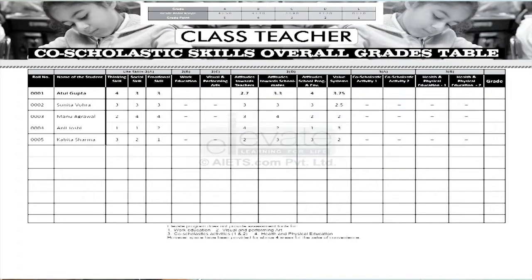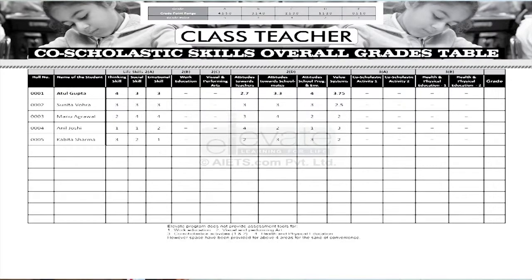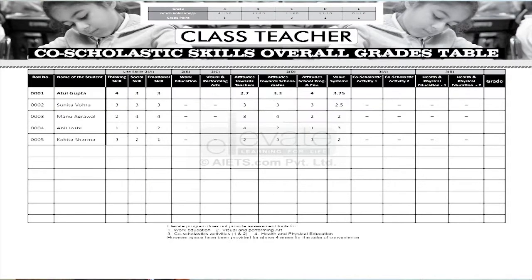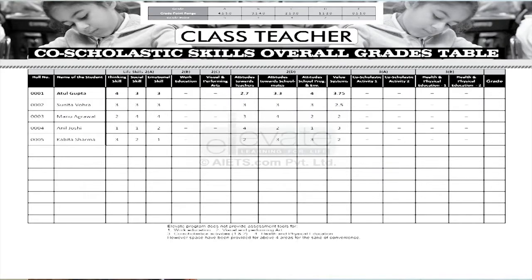Why have we left it blank? Because with the help of Elevate activities, you will not be able to assess students on work education, visual and performing arts, co-curricular activities and health and physical education.